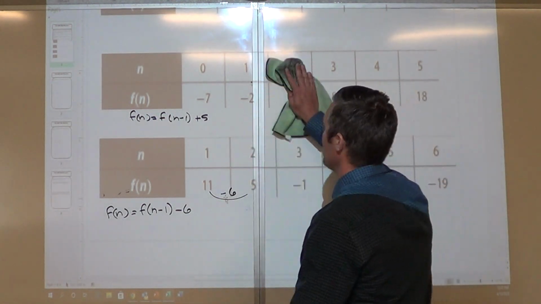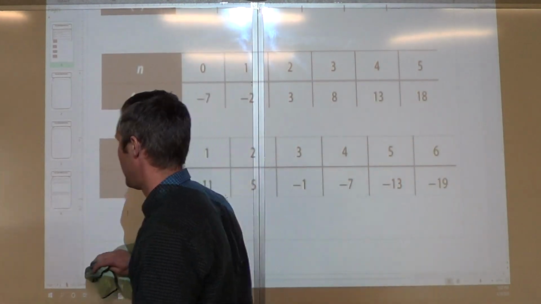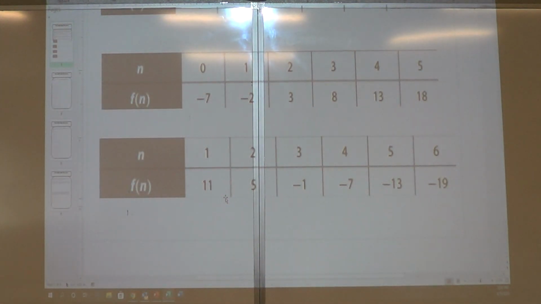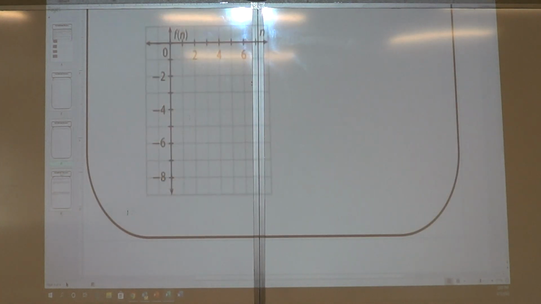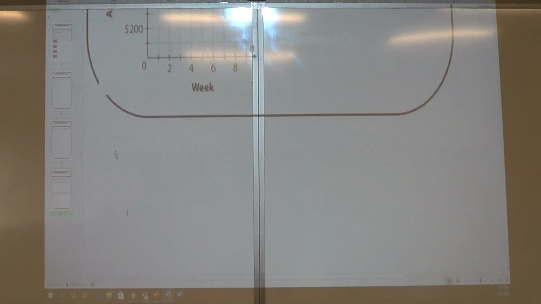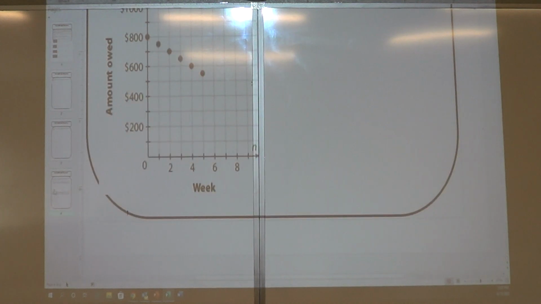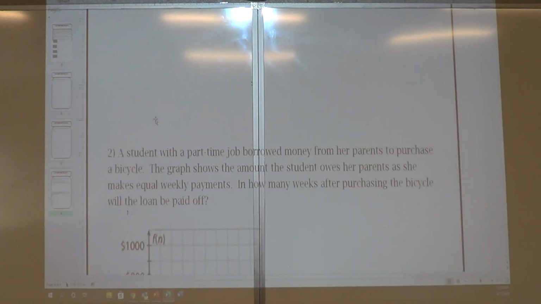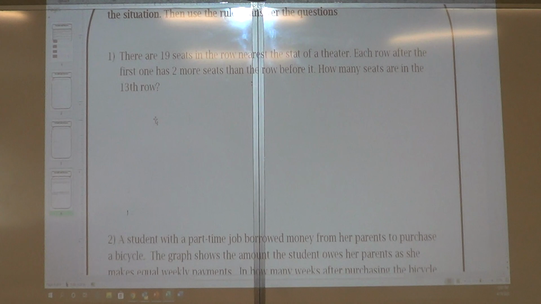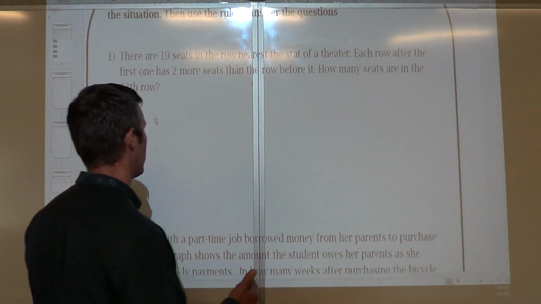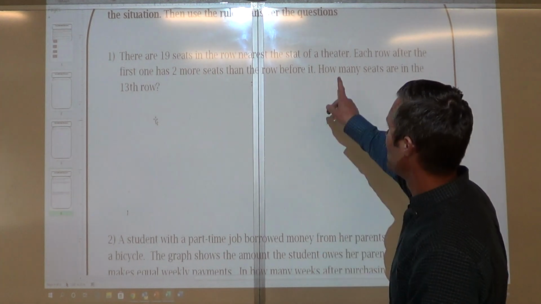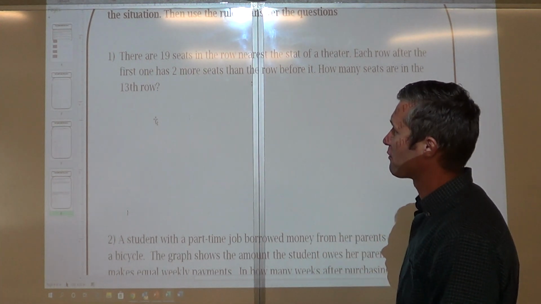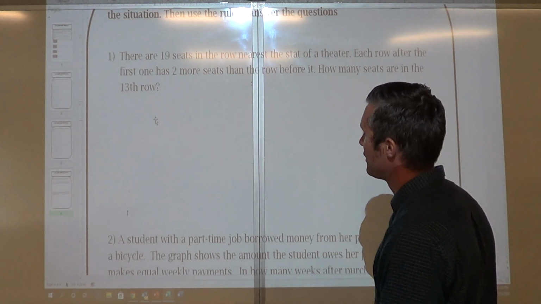So now we could look at a story problem. There are 19 seats in the row nearest to the stage of the theater. Each row after the first row has 2 more seats than the row before it.